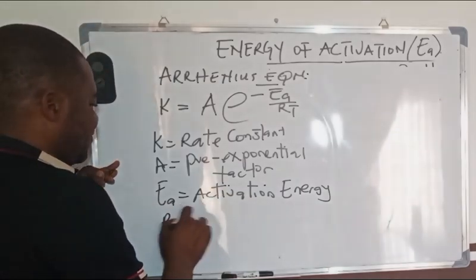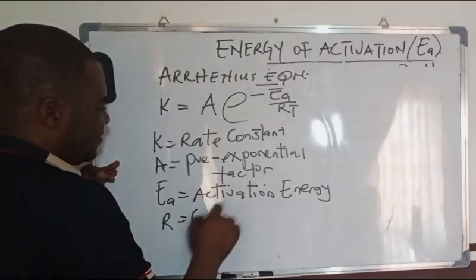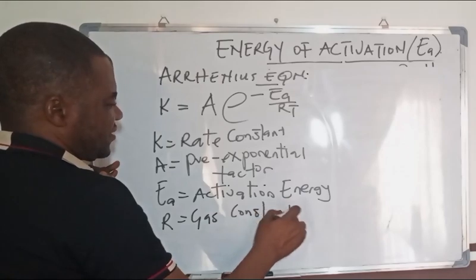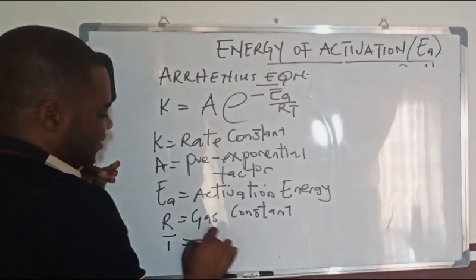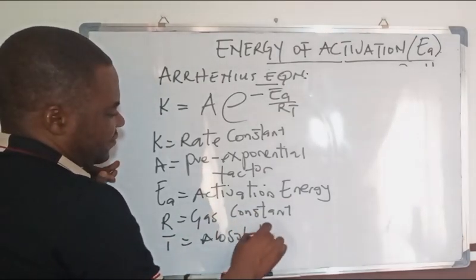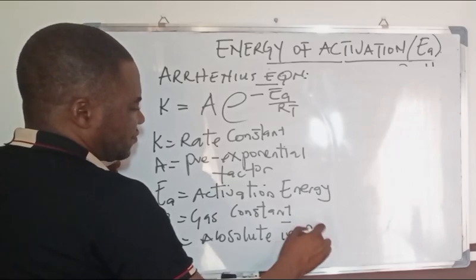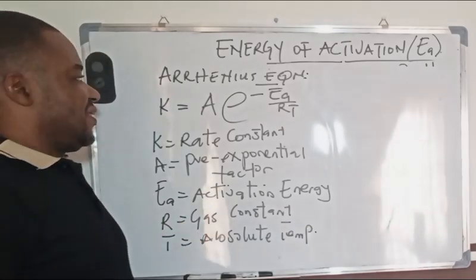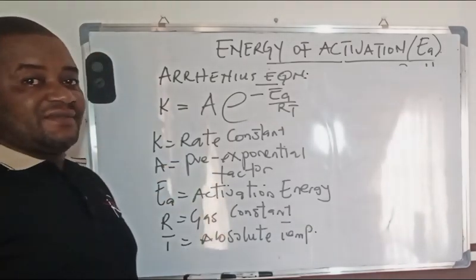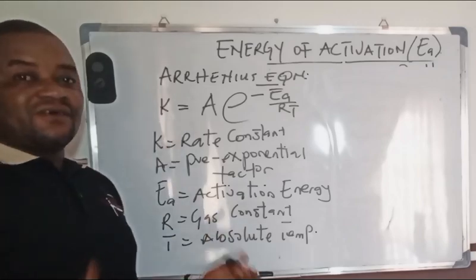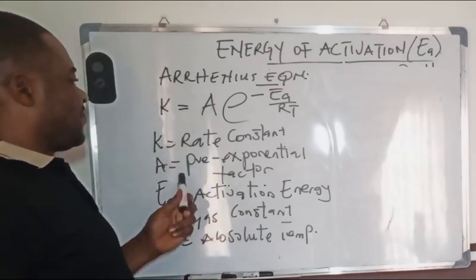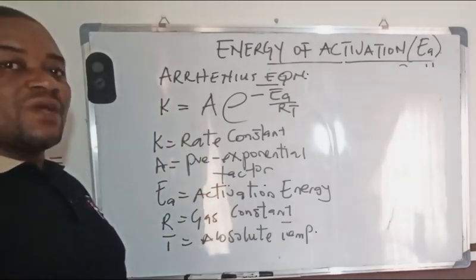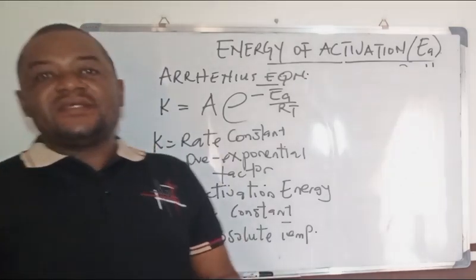While R is your gas constant, and T is your absolute temperature. This is how the terms are defined. So k is your rate constant, and A is your pre-exponential factor or frequency factor or collision factor.